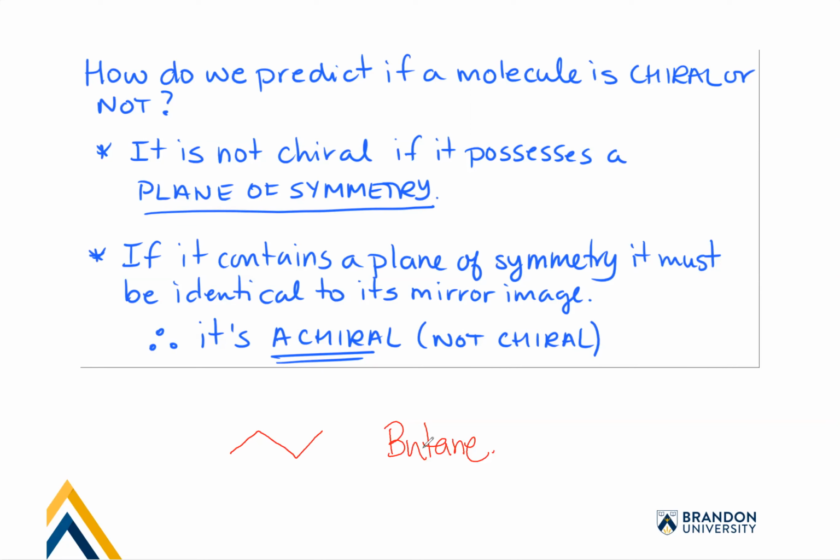Now I'm going to draw the protons on it in a specific conformation, and you can tell me if you can see whether there is a plane of symmetry or not. Because remember, each carbon is tetrahedral in this case.